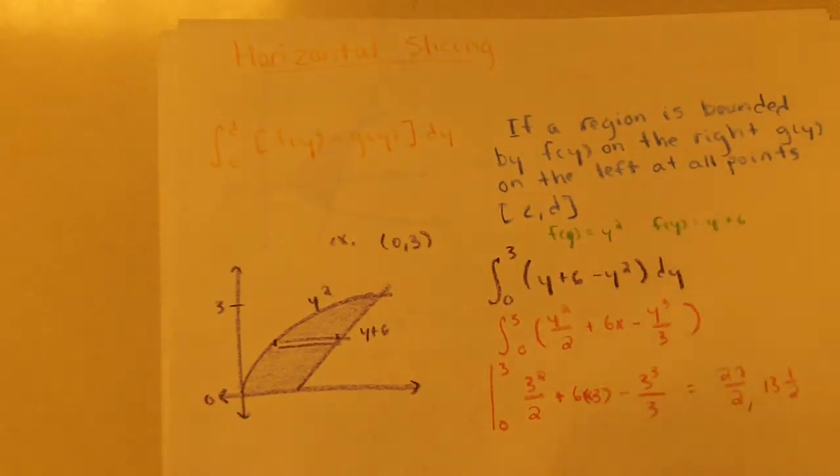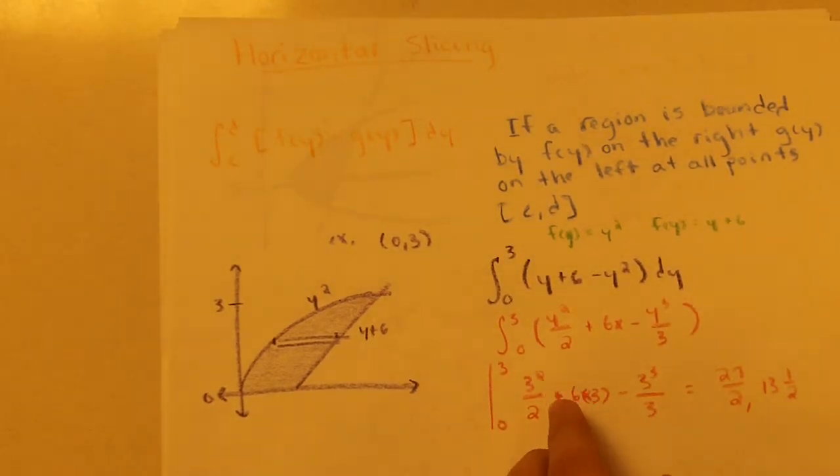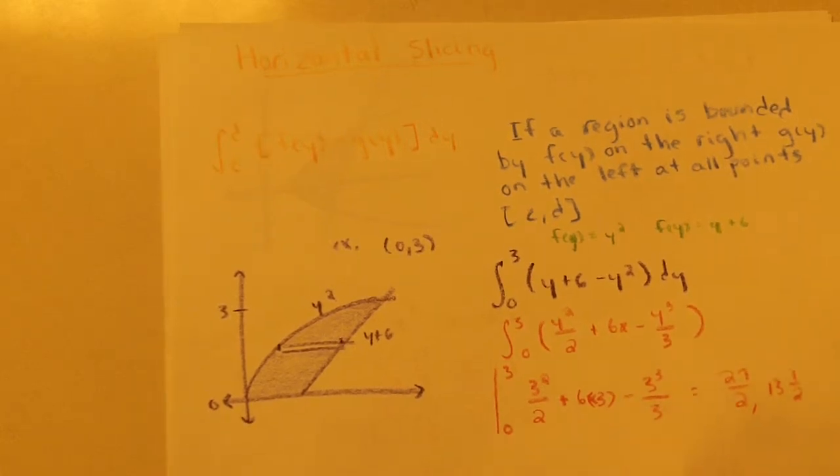After that, you would just plug in your interval numbers into each one. For this one, you don't have to do it for 0 because you wouldn't get anything, so you would just take it for 3, plug in everything for 3, and then you would get your answer.